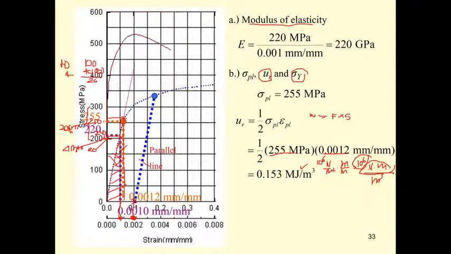When it hits the curve, you just project it over here. This is 300, this is 350. You do proportion, and you get 335. And for the ultimate stress and fracture stress, you can use the log scale to get the highest point of the stress.